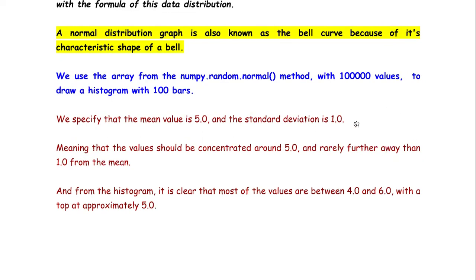For the current lecture, we are going to create 1 lakh values using the NumPy random normal method, and we will plot the histogram with 100 bars. We will also specify the mean value as 5.0 and the standard deviation as 1.0, meaning the values should be concentrated around 5.0, rarely further away than 1.0 from the mean, because we have specified the standard deviation as 1.0.